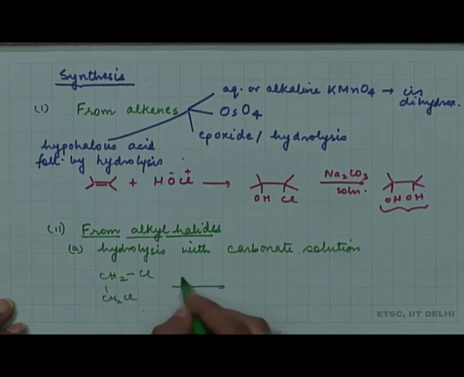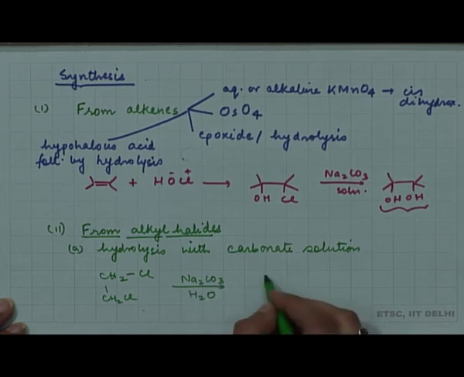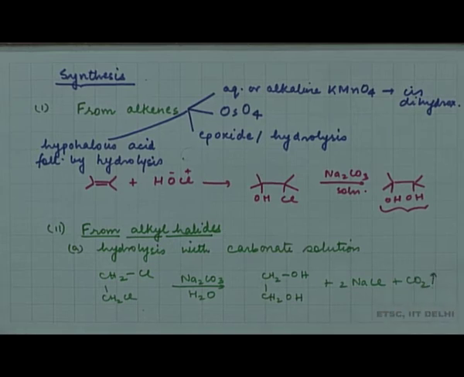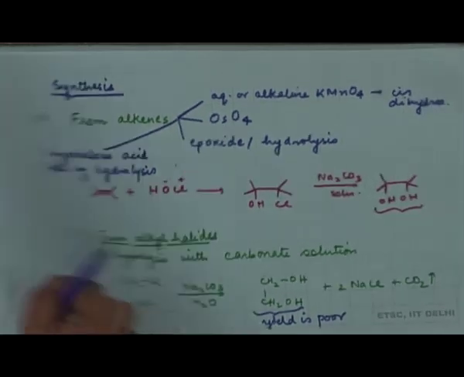You treat it with sodium carbonate under aqueous conditions, and you get the corresponding diol along with the formation of sodium chloride and release of carbon dioxide. However, the disadvantage with this reaction is that the yield of the diol obtained is poor. So, frankly speaking, it is not a very good method.